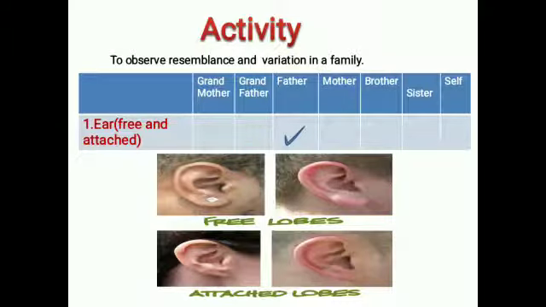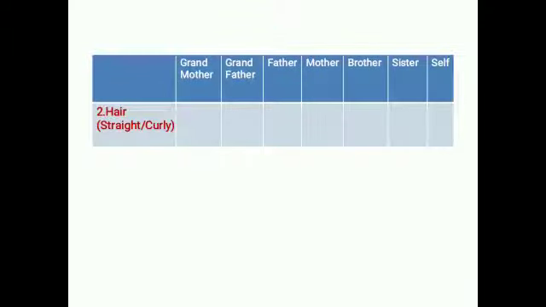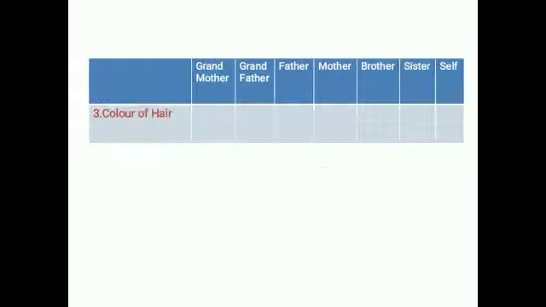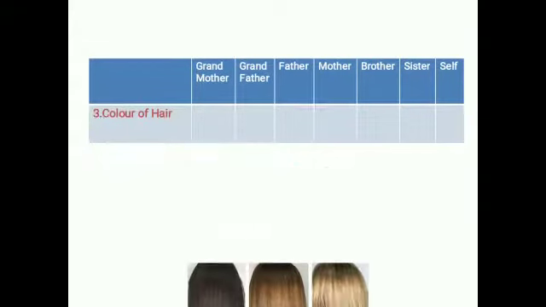Now the next feature and characteristic is hair, straight or curly. So now first observe it and then mention its resemblance in the column like this. Now the same is for the color of hair.